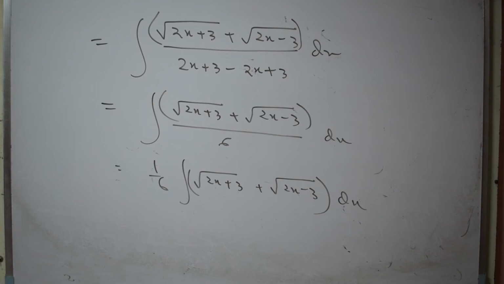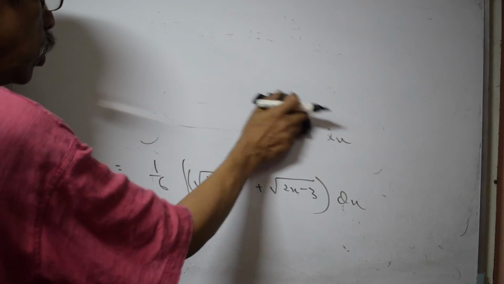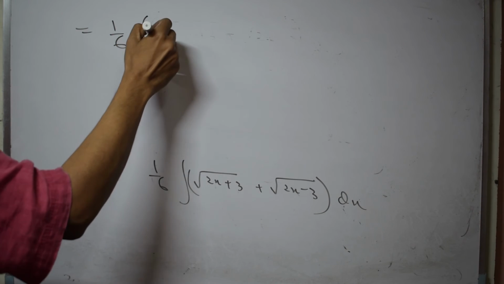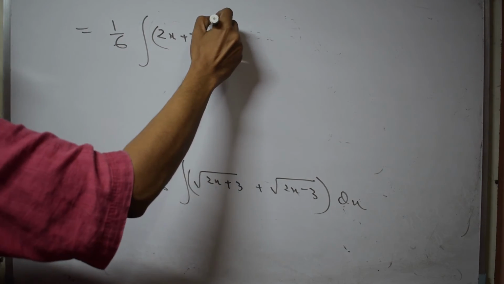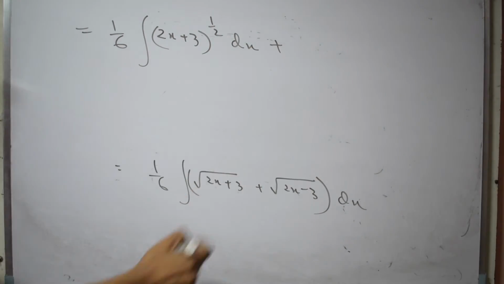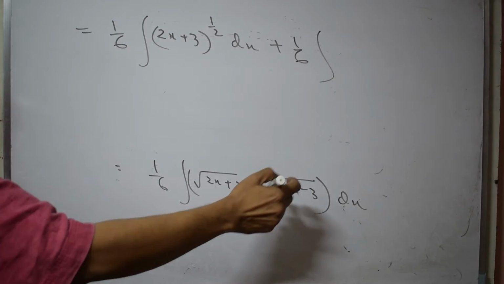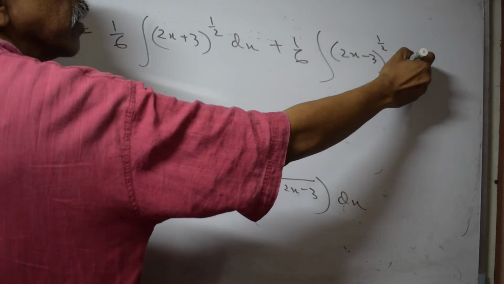One is root over 2x plus 3, another is root over 2x minus 3. We will separate in two parts. 1 by 6 integration of 2x plus 3 to the power half dx, and then 1 by 6 again, because this 1 by 6 should be in both the integral parts. We are separating 2x minus 3 to the power half.